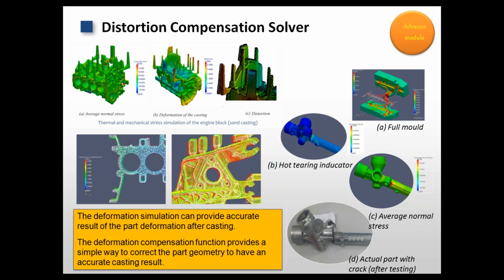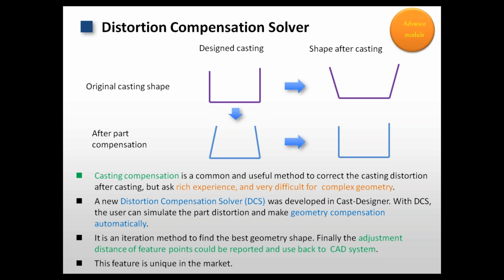The compensation idea is quite simple. Let's take a look at this page. If the original casting shape is totally vertical, the wall is totally vertical, then after the casting process you will find it goes outwards. After the compensation, we make the wall inwards, and after the casting, the casting part will be deformed into the standard shape.